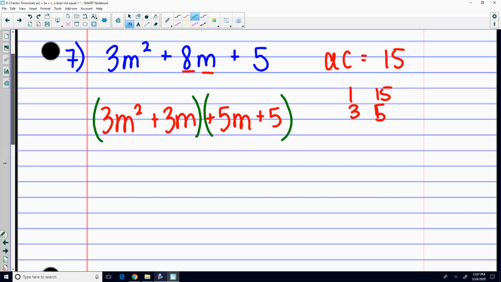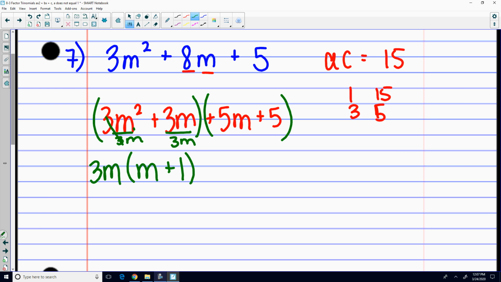Let's go ahead and pull out the greatest common monomial factor. It appears I can pull a 3m out of this first one because they both share that. Divide both by 3m and see what you get. Cancel, and m squared divided by m is just m, plus 3m divided by 3m is 1. So I would like whatever I pull out to give me m plus 1 in my next set of parentheses.